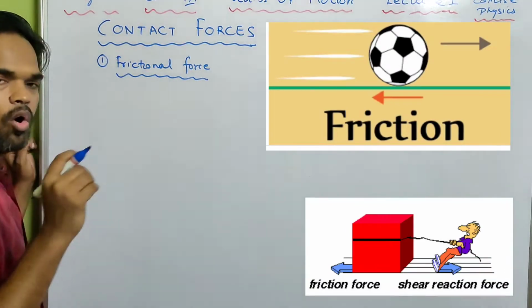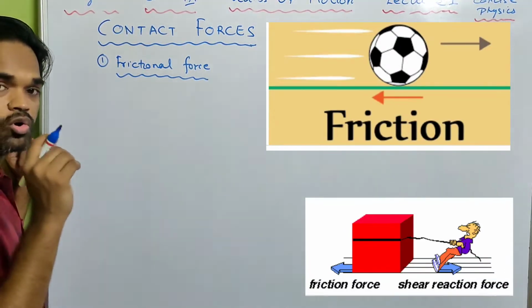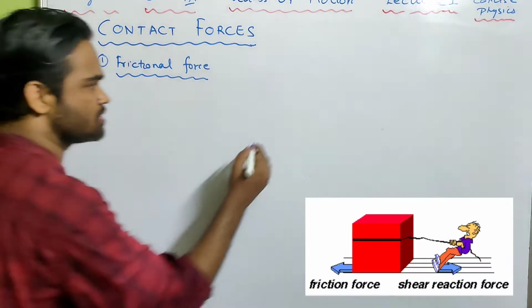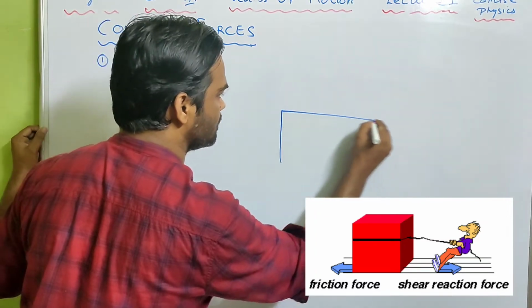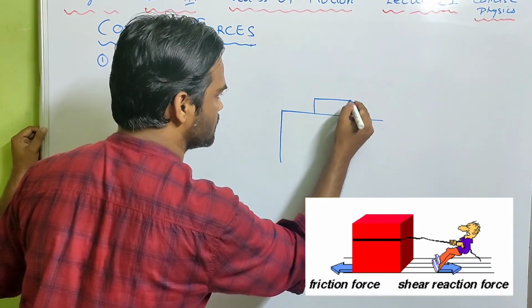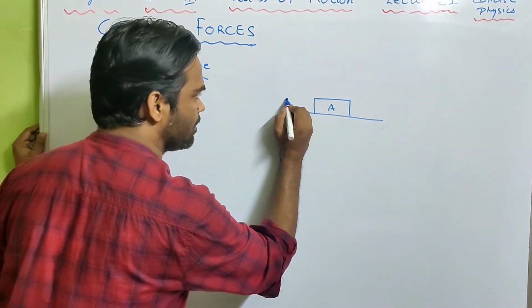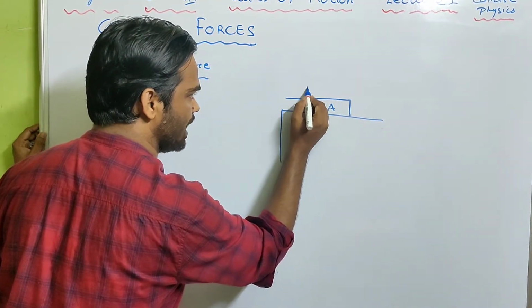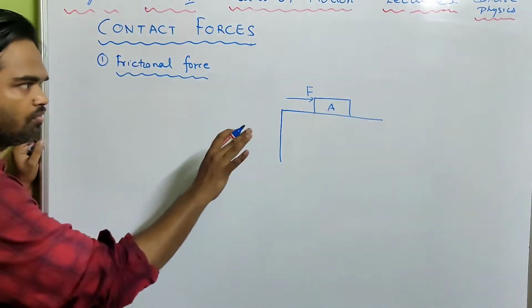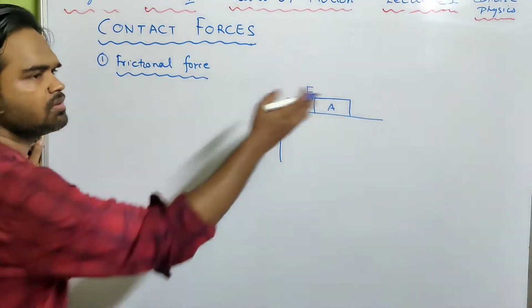So when an object slides or rolls on a rough surface, suppose I take an example. Suppose there's a body A, it is kept on a surface, and we are applying a force F, capital F, to move this object towards the right side.